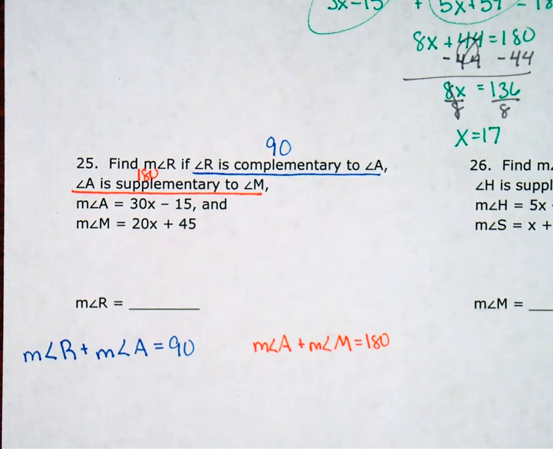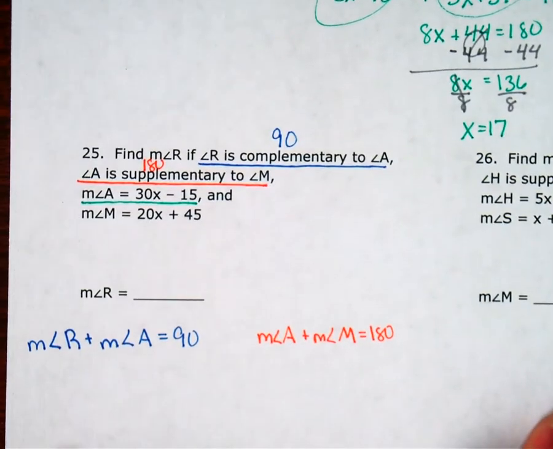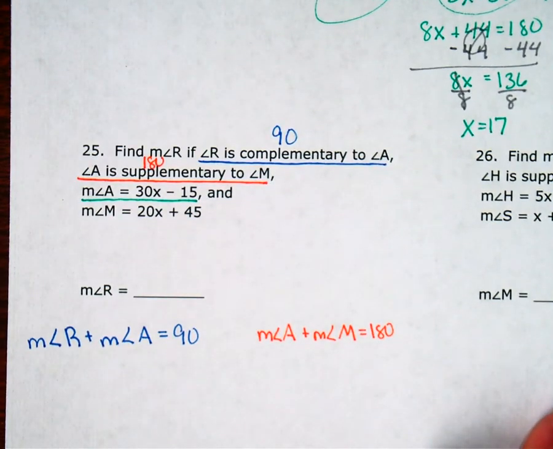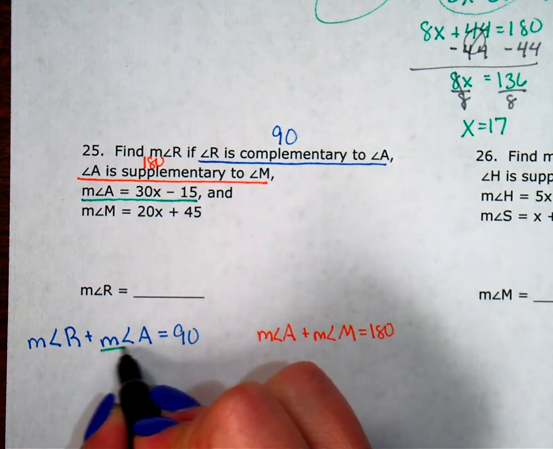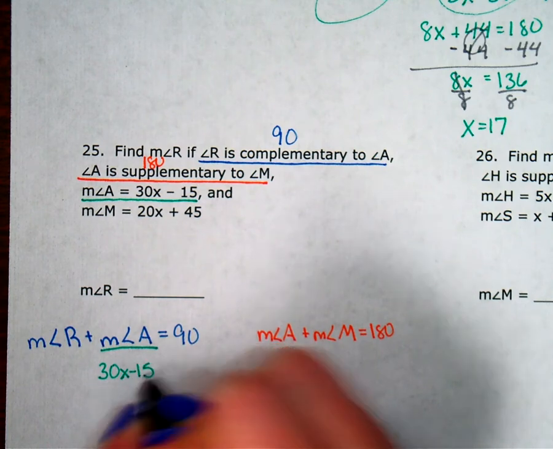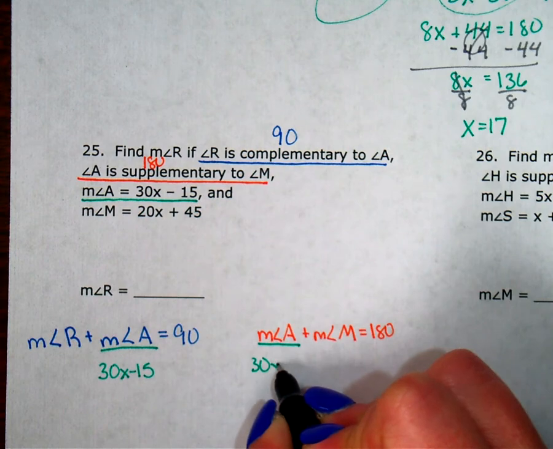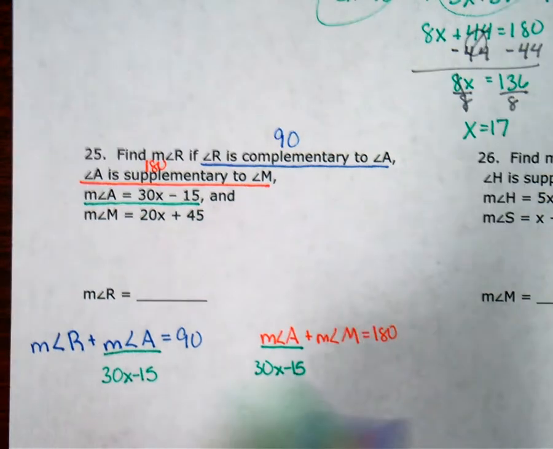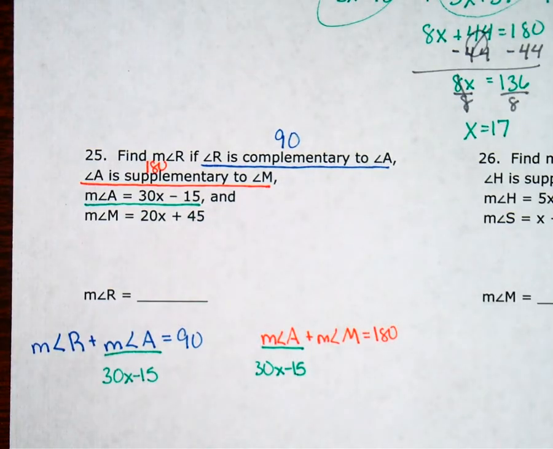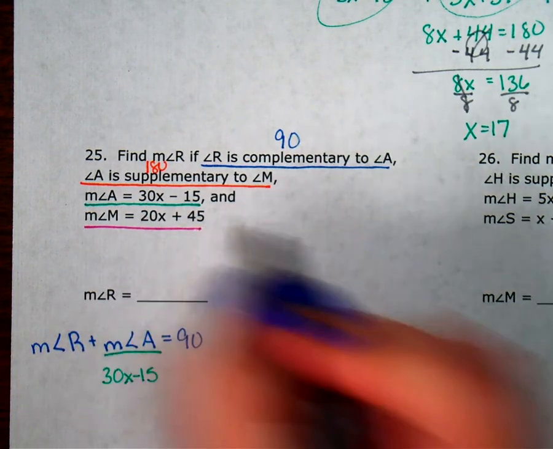Okay? Then the next part says the measure of angle A equals 30x minus 15. So I can substitute it in anywhere I see a measure of angle A. I can substitute it in here, and I can substitute it in here. Next, the measure of angle M equals 20x plus 45.